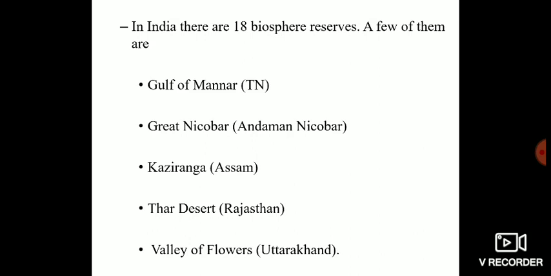A few of them which are important include Gulf of Mannar, which is located in Tamil Nadu, Great Nicobar, which is located in Andaman and Nicobar Islands. Then we have Kaziranga in Assam, Thar Desert in Rajasthan, and Valley of Flowers in Uttarakhand.